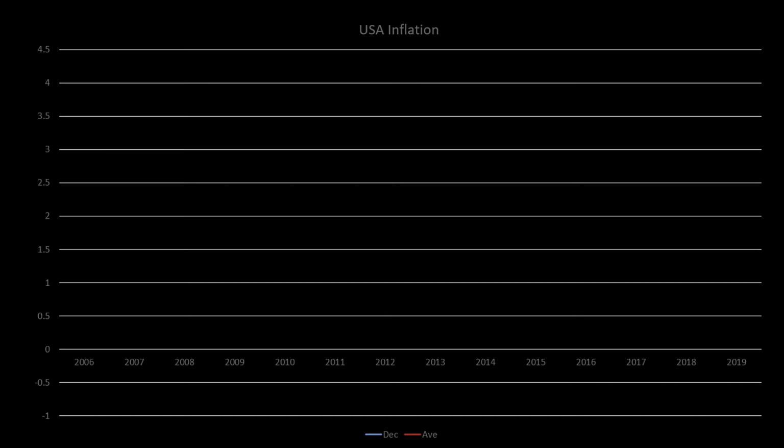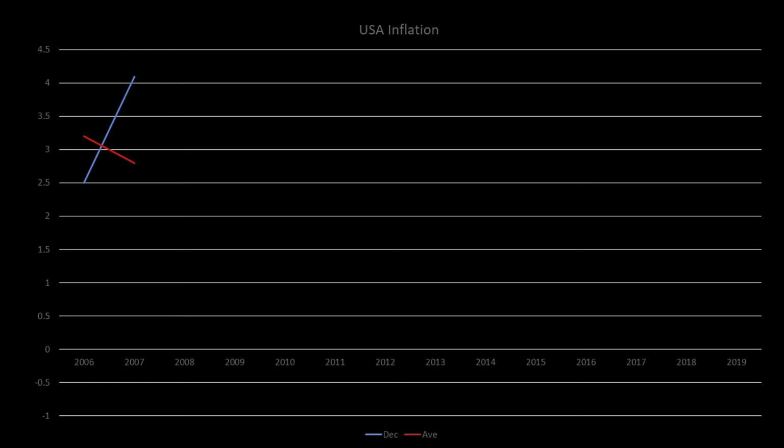In 2006, the inflation of December was 2.5 and overall inflation was 3.2. In 2007, for December it was 4.1 and the average was 2.8.